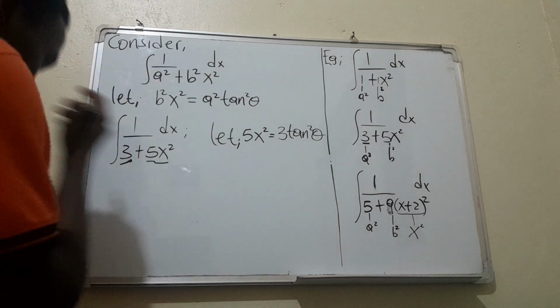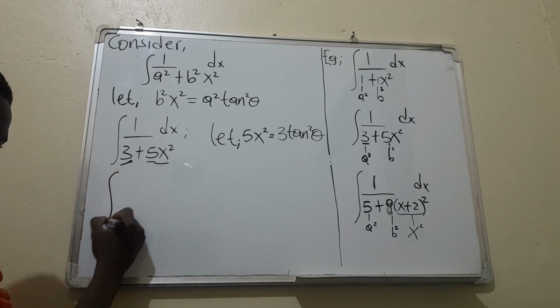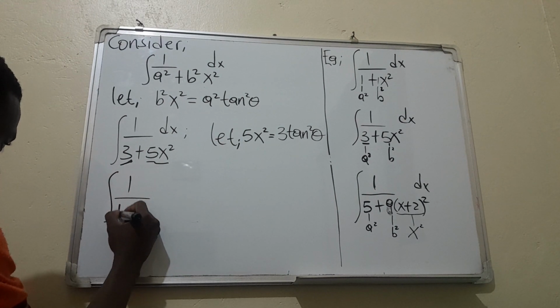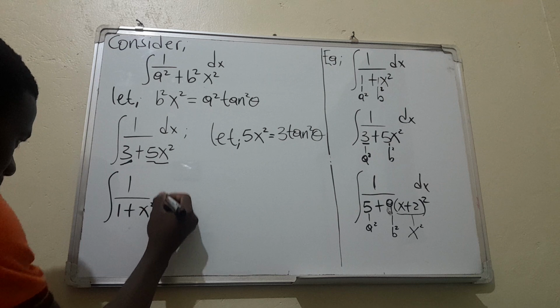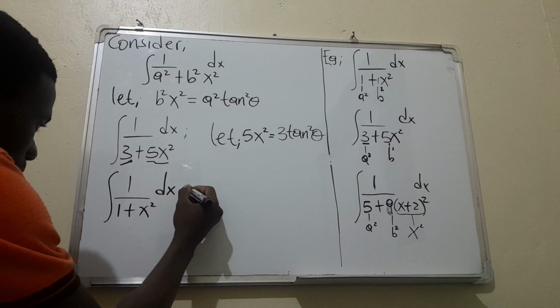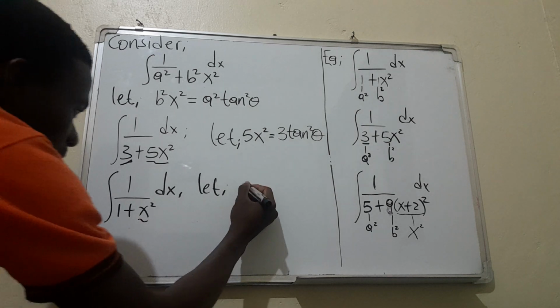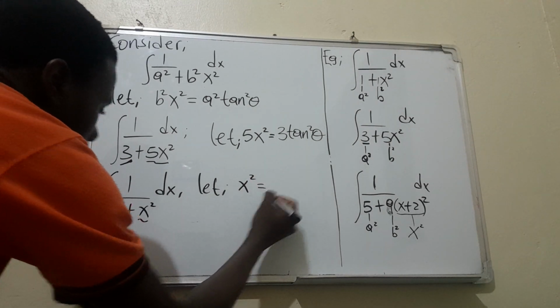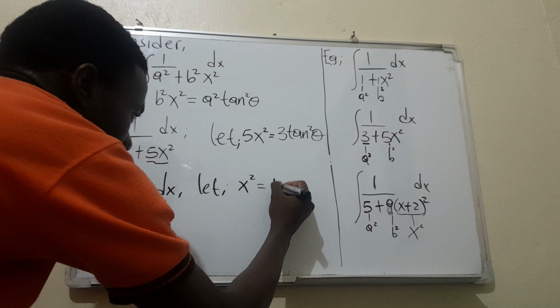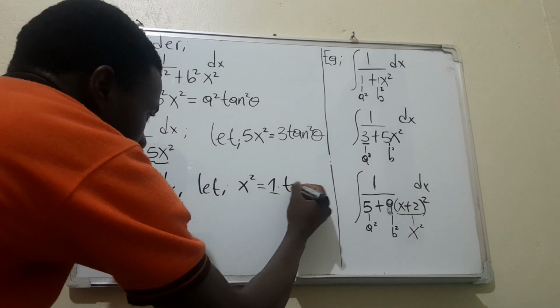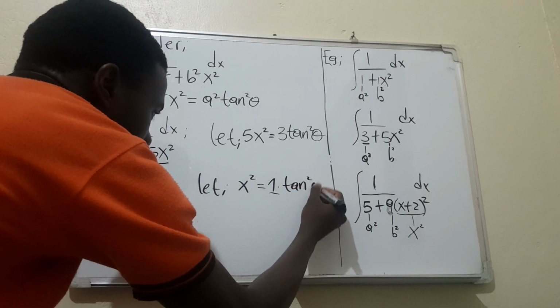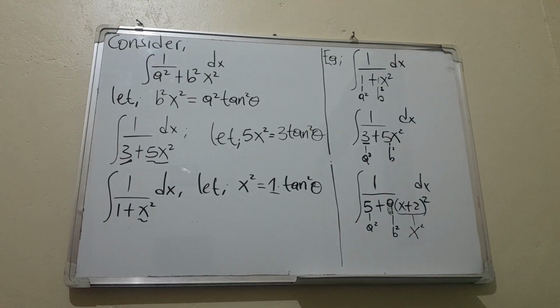Another scenario, if I'm having 1 over 1 plus x squared dx, how do you let here? You will let x squared be 1 multiplied with tan squared theta.